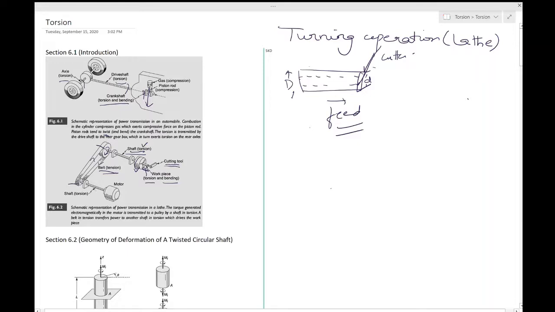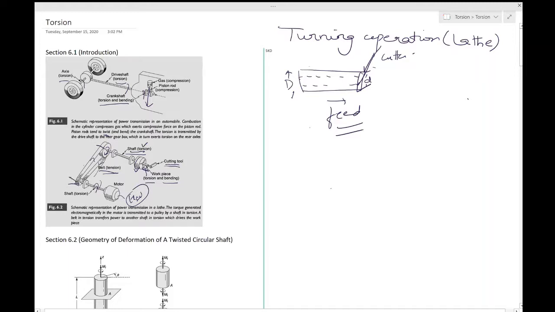and this will also rotate. This rotates because of torsion, the shaft will again be rotating, and this rotates because a motor which takes electricity makes it rotate. Okay, so the motor causes this rotation, having torsion in the shaft, which causes tension in the belt.